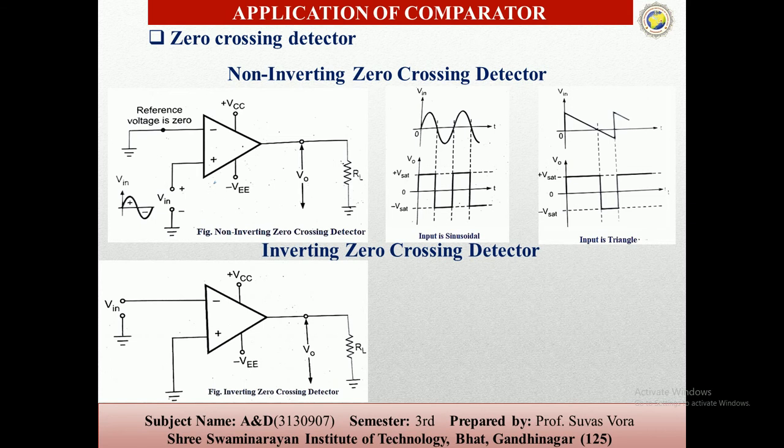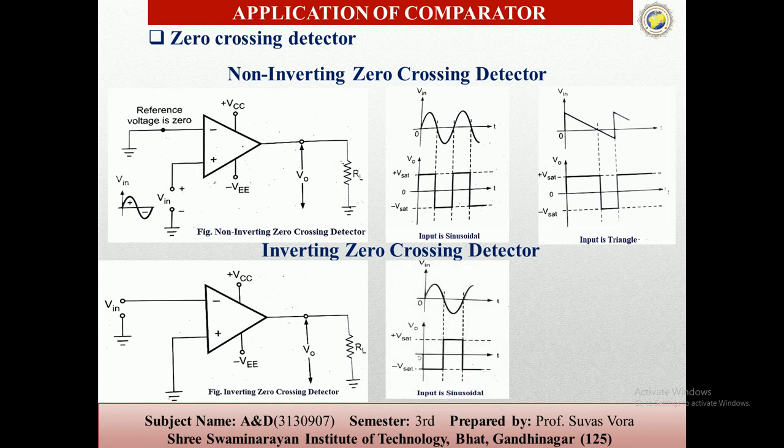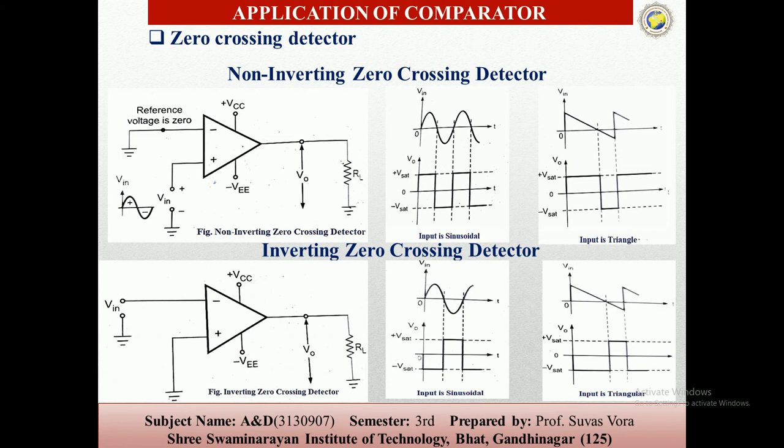During the positive half cycles, the inverting terminal is more positive than the non-inverting terminal, so the output is in the negative state. During the negative half cycles, the output is in the positive state. This circuit is called the inverter. Similarly, here are the sinusoidal and triangular inputs and outputs.